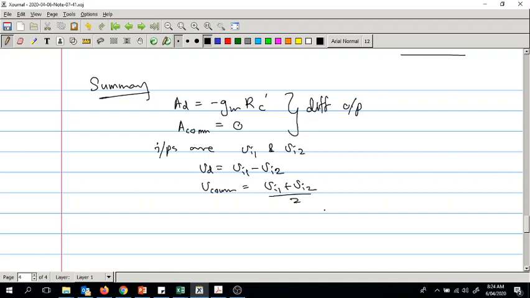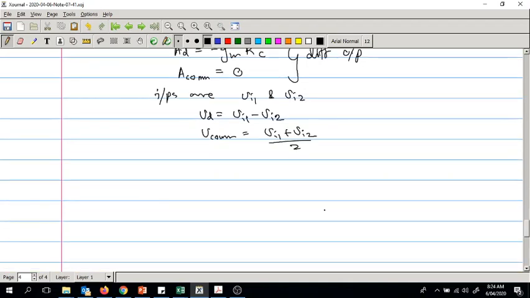So right now the general case, now we got the differential mode and common mode signal separately, but in general case V out will be A differential V differential plus A common V common, right?